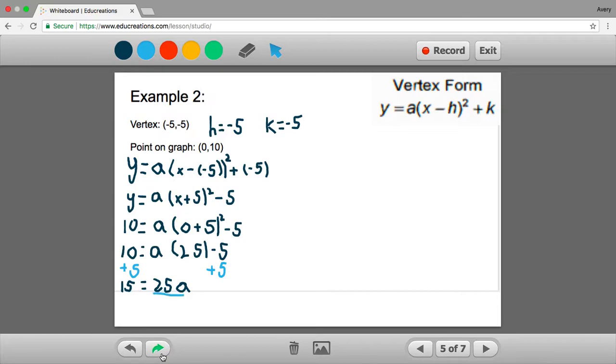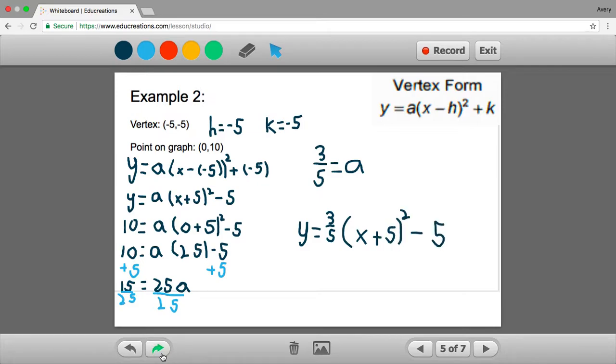So now we're going to divide each side by 25, which is going to simplify into 3/5 equals a. So now we're going to finish it by writing our end equation, which is going to be y equals 3/5 times x plus 5 squared minus 5.